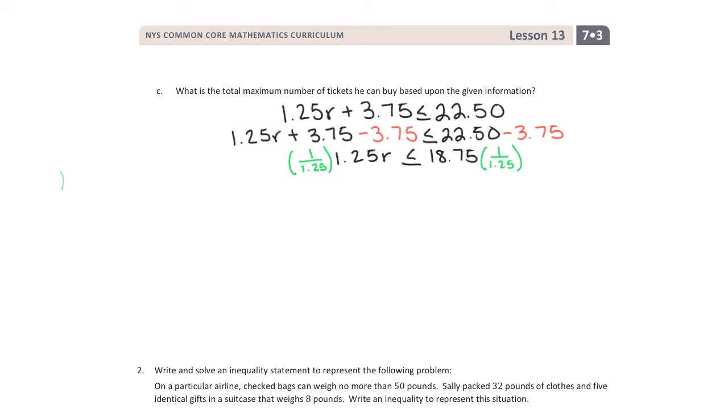I know that any value times its multiplicative inverse is going to give me 1. Now I have 1R is less than or equal to 1875 over 125. Go ahead and calculate this in your calculator. All right, your answer is 15. Now, what is the maximum number of tickets he can buy? Well, he can buy up to 15 tickets.